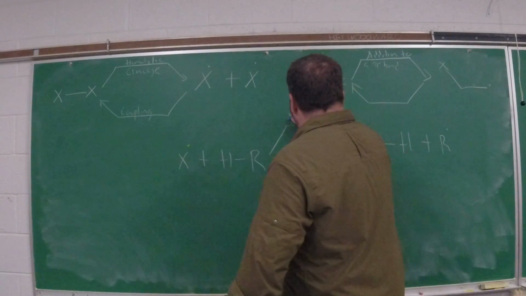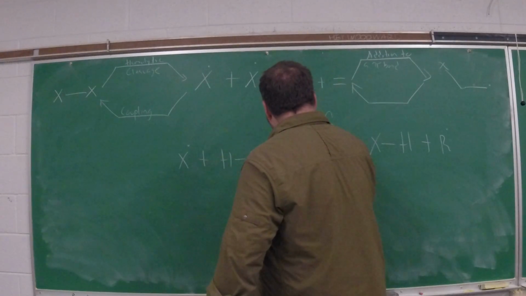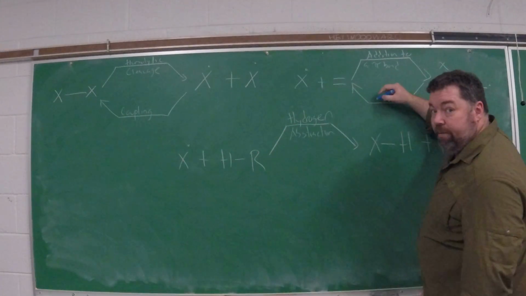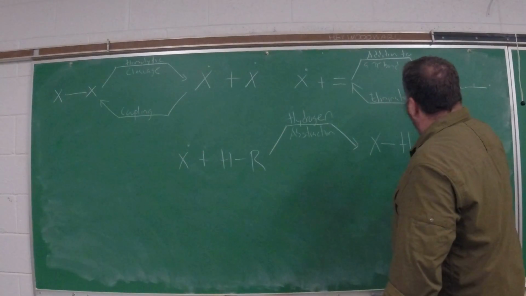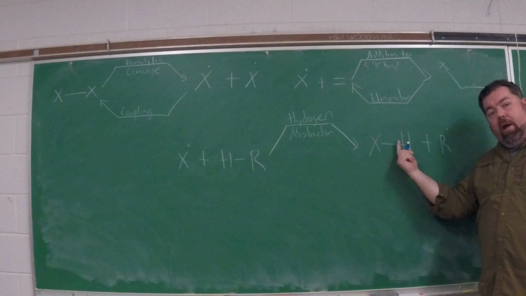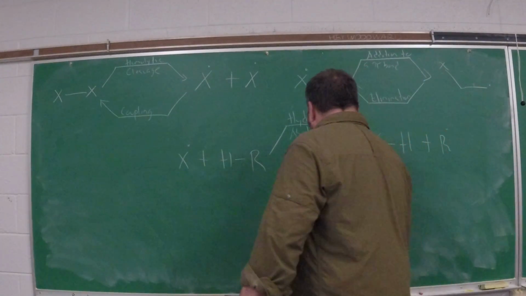But, oops, hydrogen abstraction. And I forgot to write up here, elimination. Okay, but, and then hydrogen abstraction, we can abstract the hydrogen the other way onto the carbon atom, would be the reverse of this.